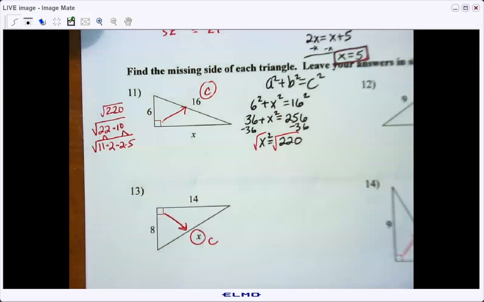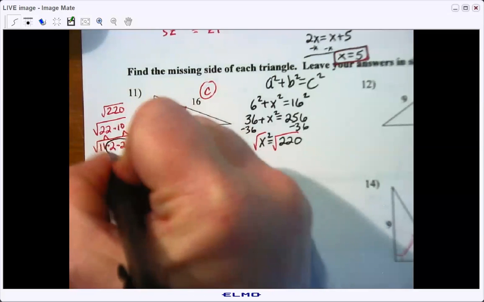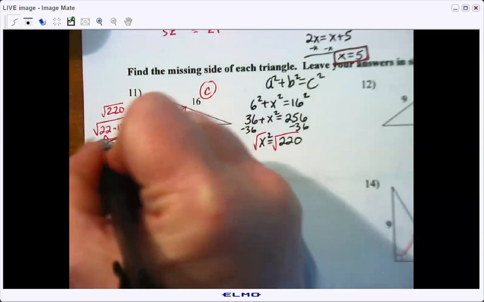No decimals. If this is multiple choice, you will not see a decimal. Are there any pairs? The pair of twos. Good. So the pair of twos goes on the outside.